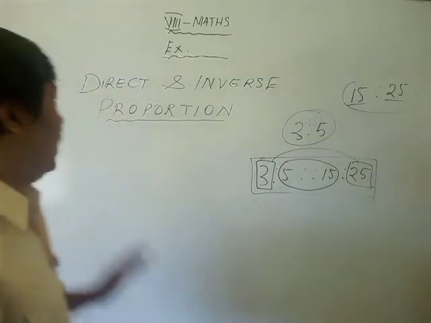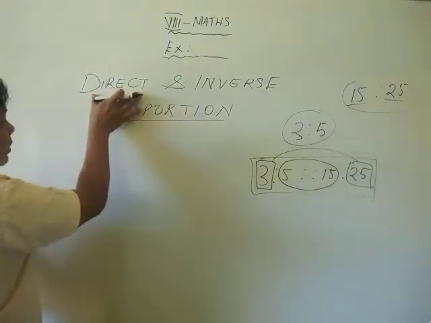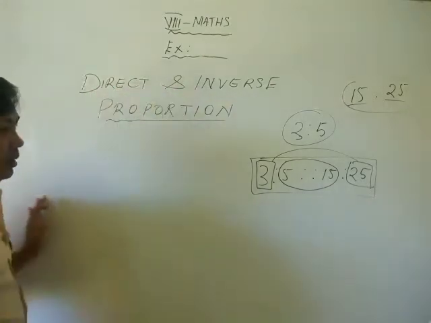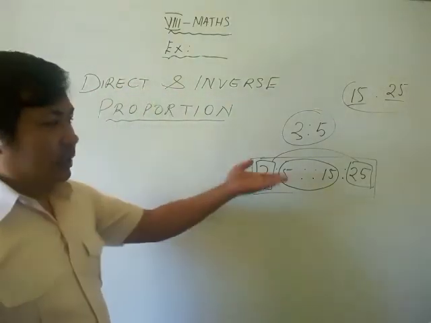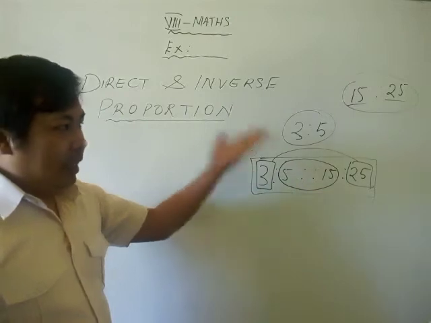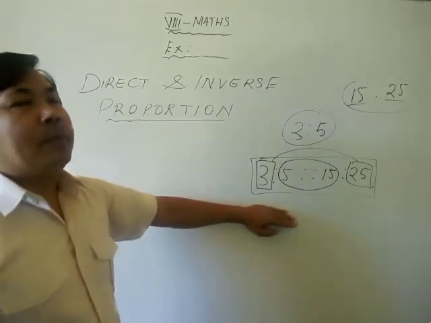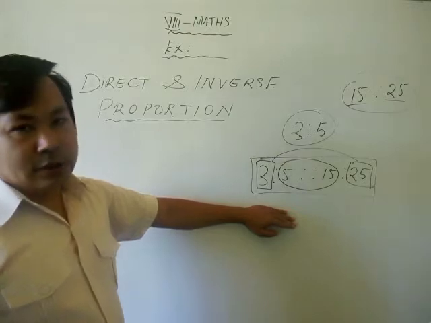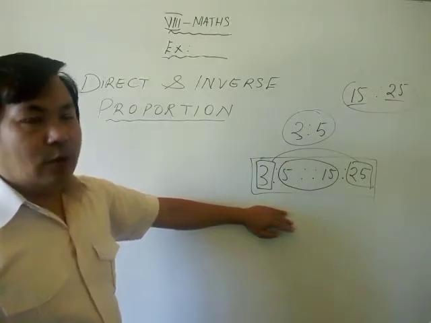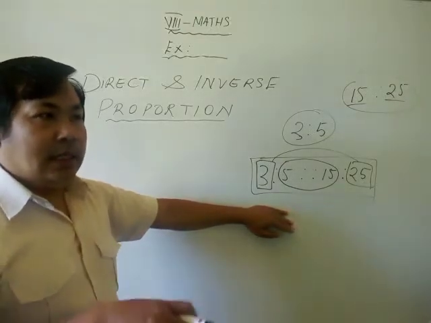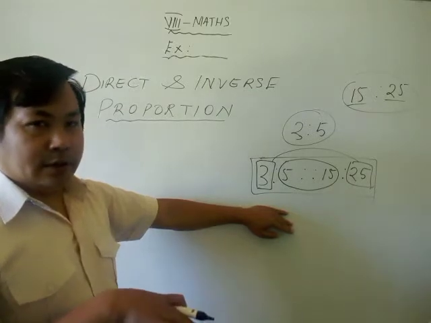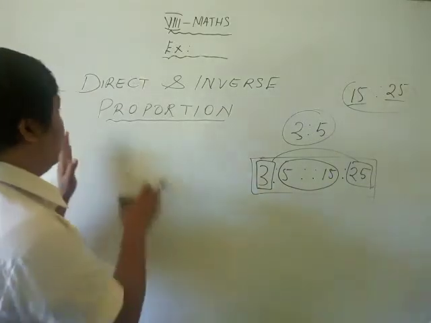Now here we are going to study direct and inverse proportion. This is called direct proportion, which you have studied in the lower classes, but inverse you will study a little more in this chapter. What inverse is, we will study later in the chapter. So first we will discuss direct proportion.